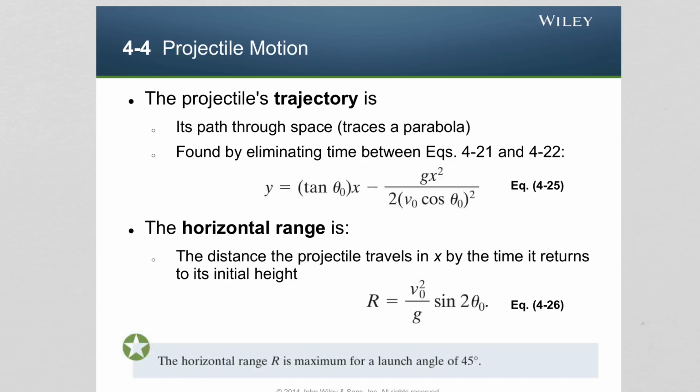The horizontal range is given as R equal to v0 squared divided by g times sine of 2 theta 0. The range has a maximum when the angle theta is equal to 45 degrees in the absence of air resistance. When air resistance is present, the maximum range is not at 45 degrees. The calculation for that is a little bit more complicated.